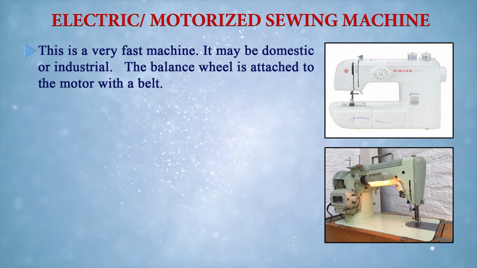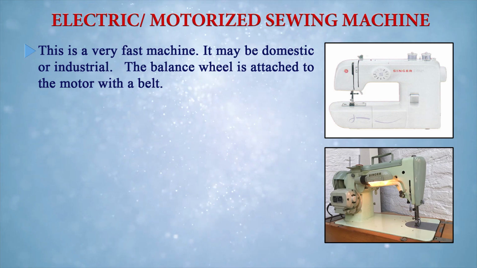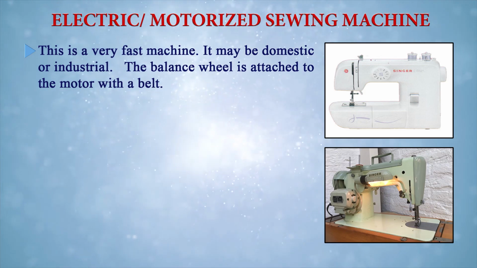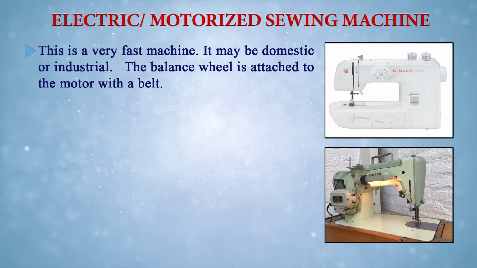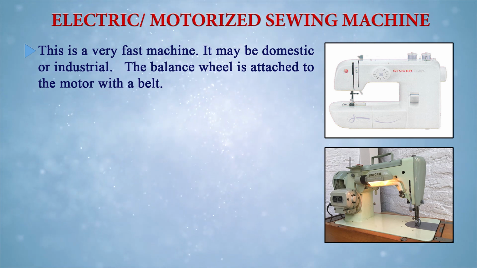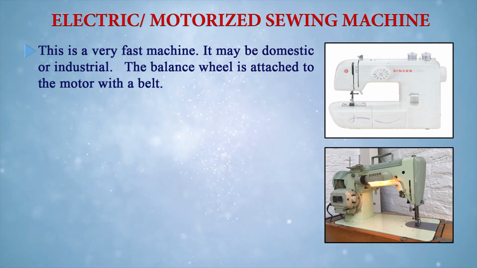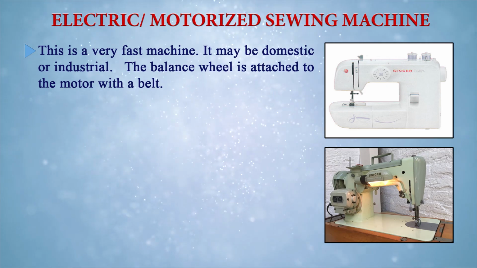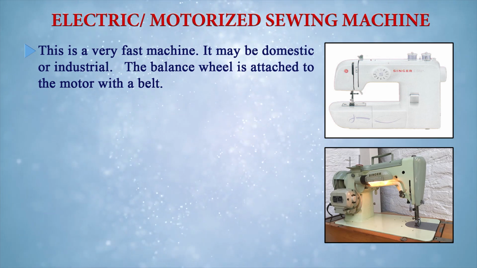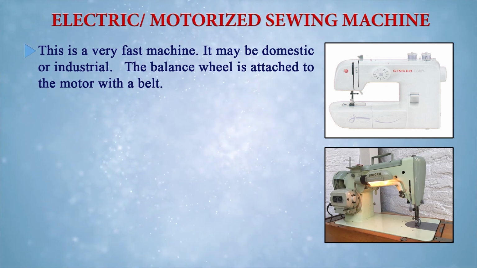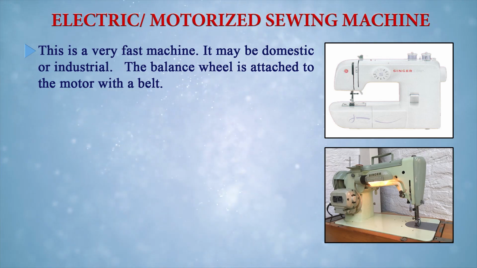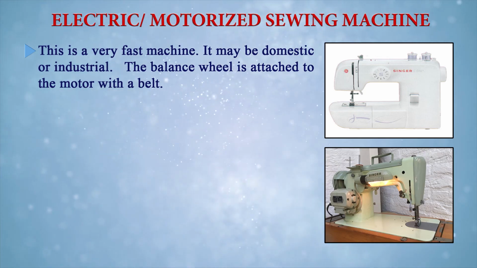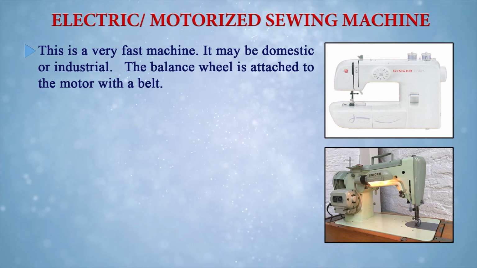So this is a very fast machine, used for domestic and industrial purposes. The balance wheel is also attached to the motor with a belt, as you have seen in the treadle sewing machine. You can say it is a modified and advanced structure of the treadle machine.